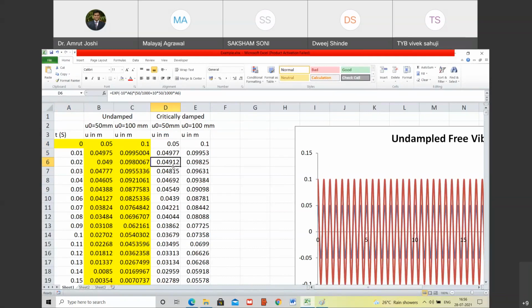Are you able to understand what I have done? Please type your response in chat box. Type your response in chat box, then I can proceed. Shreyas, Suyog, Vedang, have you understood what I have done?